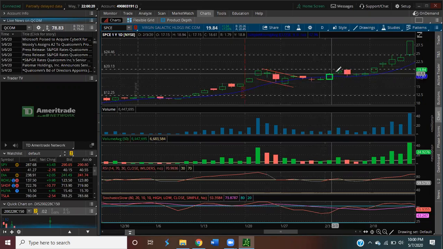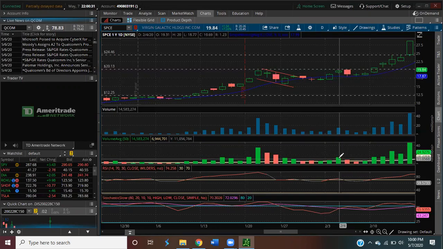So like right here, somebody probably tried to get into Space thinking it was going to break out right here. Mm-hmm. But the volume was actually there, but it just didn't break out that time, and it just happens like that sometimes, honestly.